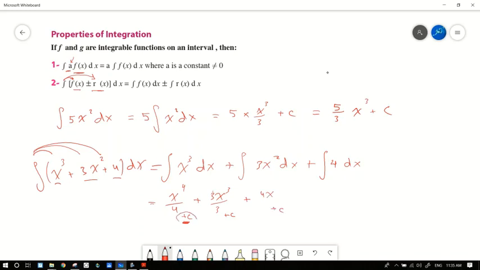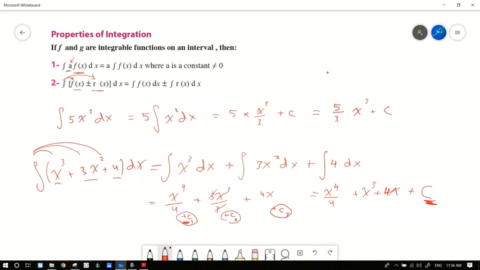We can include all the constants in one constant, so it will be x power 4 over 4 plus x power 3, because 3 is cancelled with 3, plus 4x, and finally plus a constant which includes the sum of C1, C2 and C3. All the constants I add to each other to give a bigger, final constant in the problem.